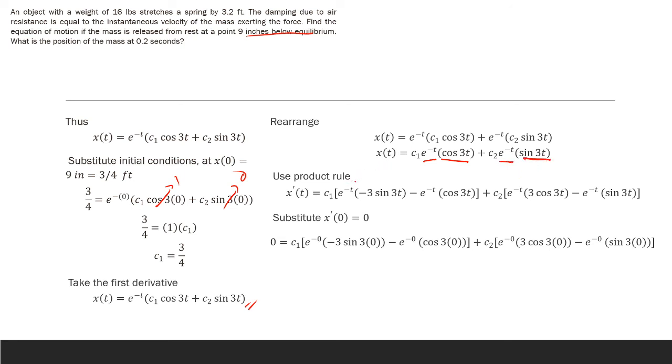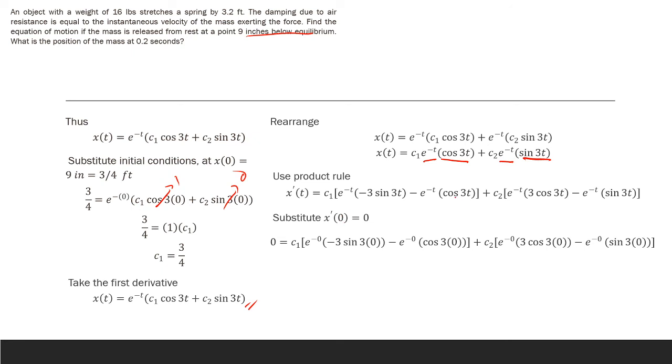We use the product rule, which is just basic calculus. So we will have x prime of t is equal to c1 times the quantity e raised to negative t times negative 3 sine 3t minus e raised to negative t cosine 3t. Next is c2 times the quantity e raised to negative t times 3 cosine 3t minus e raised to negative t sine 3t. This is the derivative of these products.